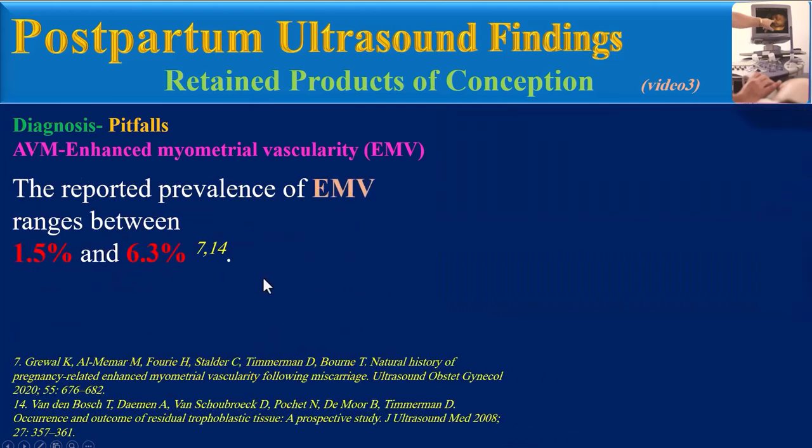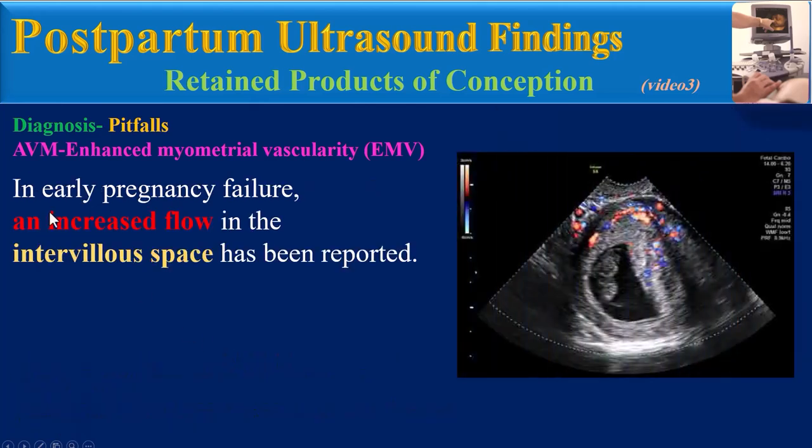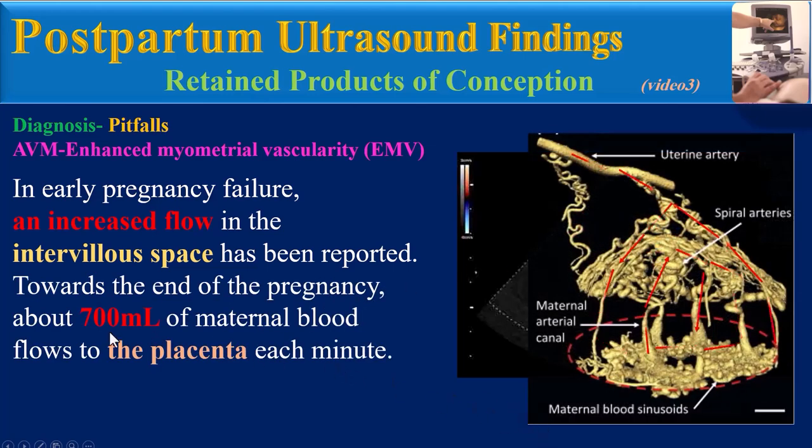The reported prevalence of EMV ranges between 1.5 and 6.3%. In early pregnancy failure, an increased flow in the intervillous space has been reported. This is a color Doppler image of a miscarriage showing blood flow in the presumed intervillous space. Towards the end of the pregnancy, about 700 milliliters of maternal blood flows through the placenta each minute.